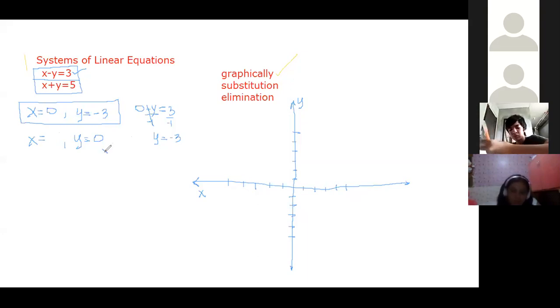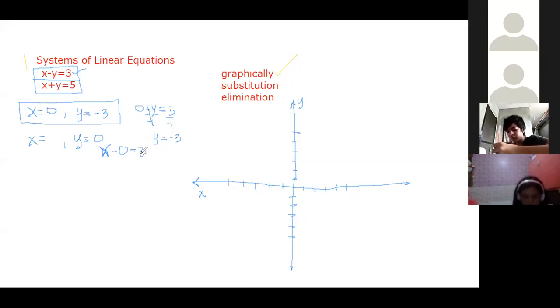X, kopyahin lang yan dyan. X ito ha, x minus 0. Kasi nga si y, assign na natin sa 0, is equal to 3.